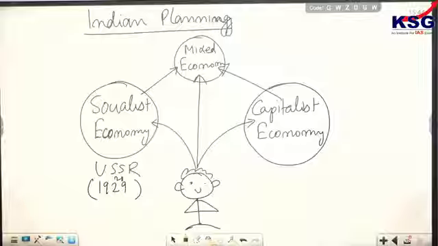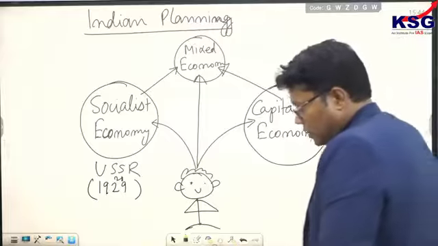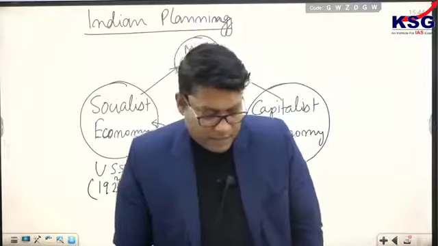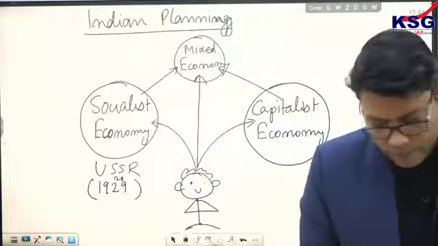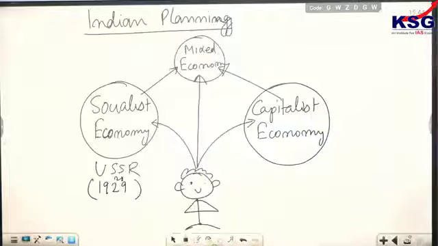In a socialist economy, the government decides what goods are to be produced, in accordance with the needs of the society.